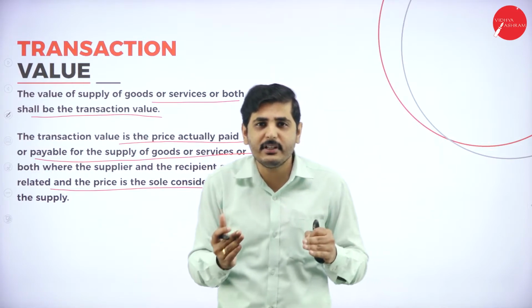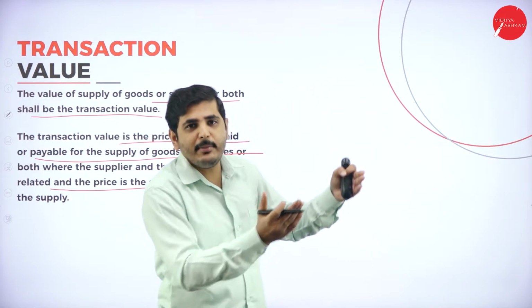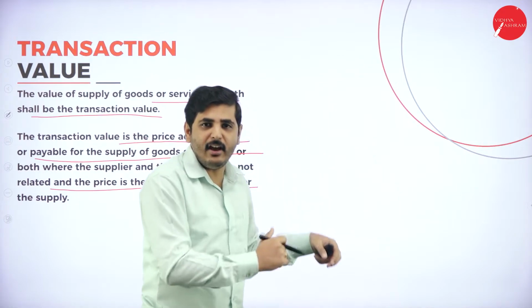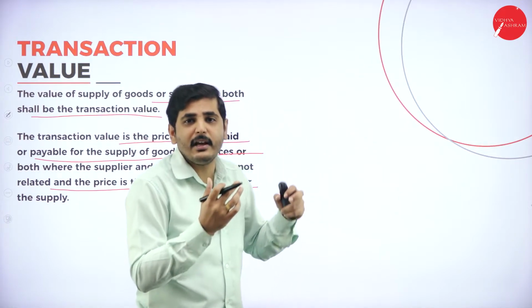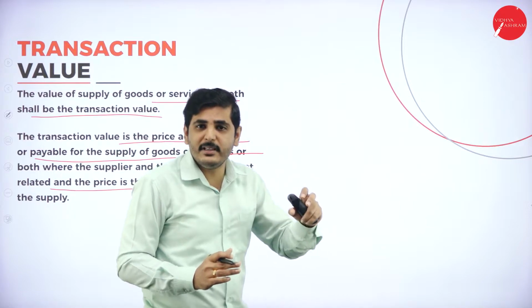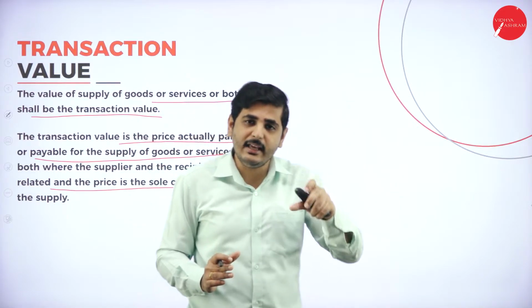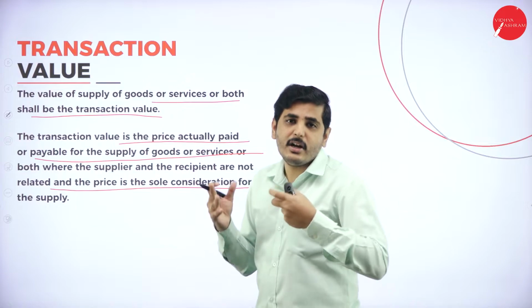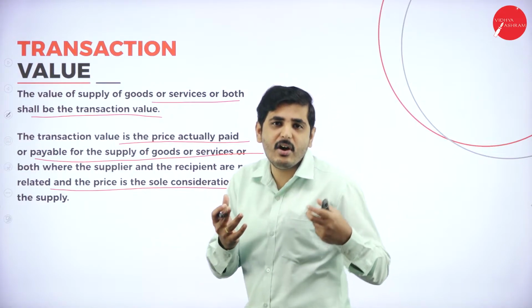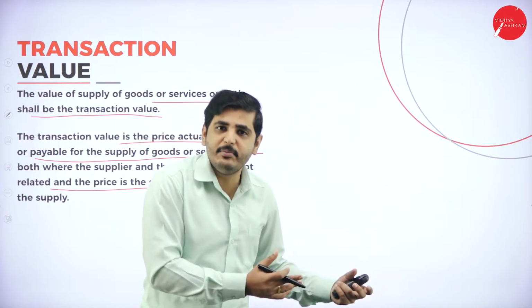Who is a related person? Related person means he may be related to the business directly or indirectly. He is a person who directly or indirectly can control the business or handles or works under the same business.